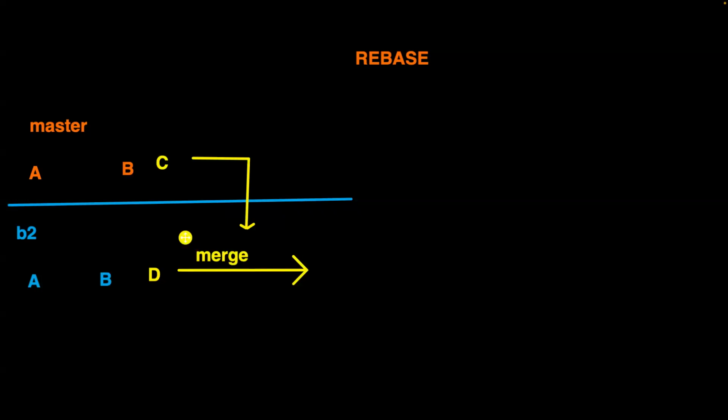And when you merge here, what happens? The commit history, meaning whatever changes you have in master will be integrated in B2. And this would be the commit history. You might have noticed this whenever you are merging.